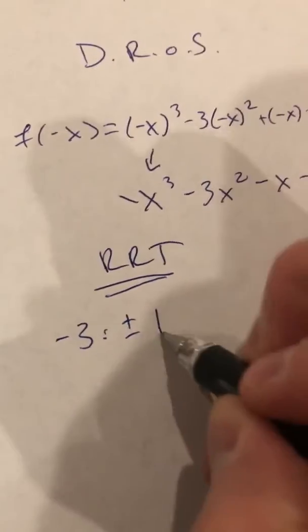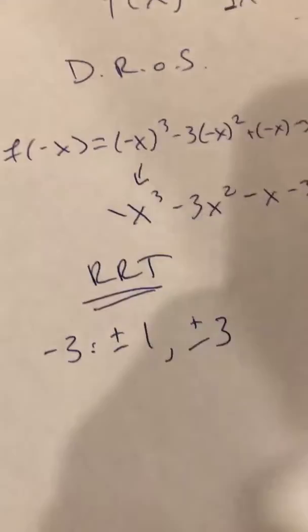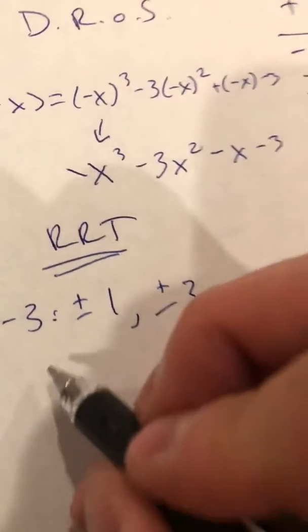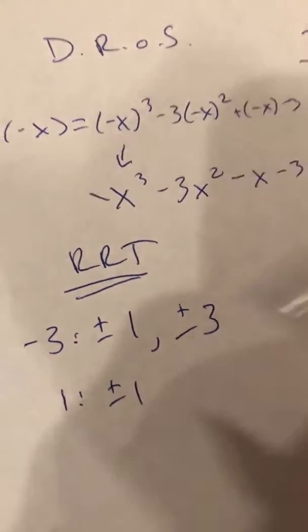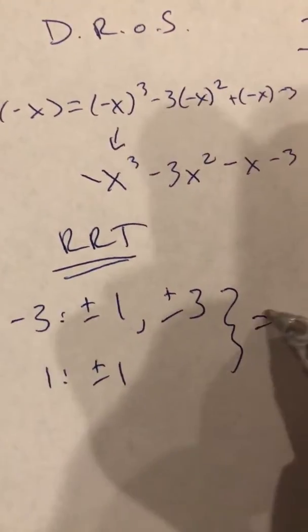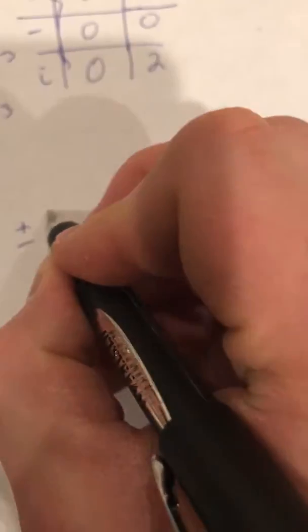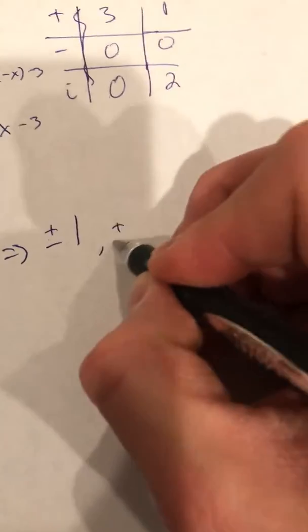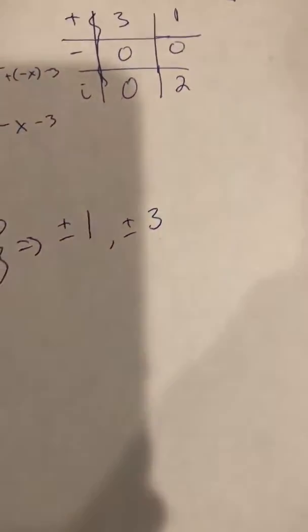So it could be plus or minus 1, or it could be plus or minus 3. And the leading coefficient is pretty straightforward, just 1. That means our possible rational roots could be either positive or negative 1 over 1, which is 1, or positive or negative 3 over 1, which is positive or negative 3.